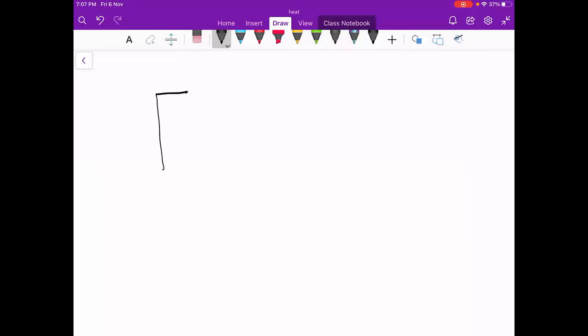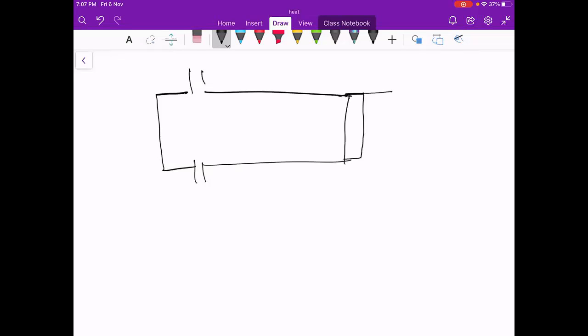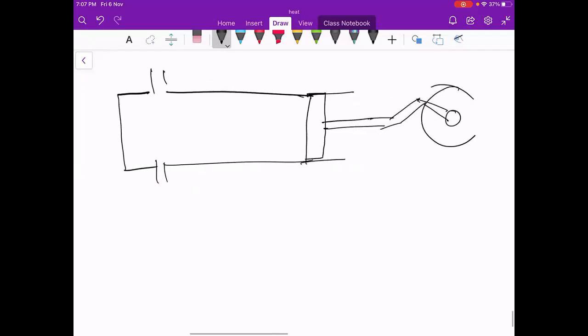Suppose I will try to explain from a diagram. It will be like some piston, okay?